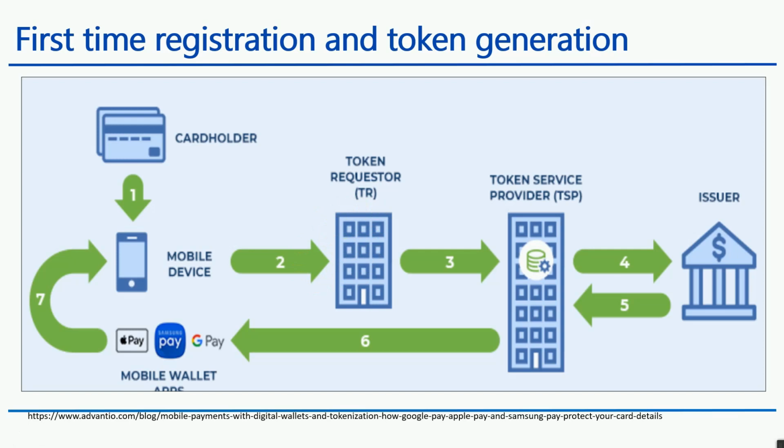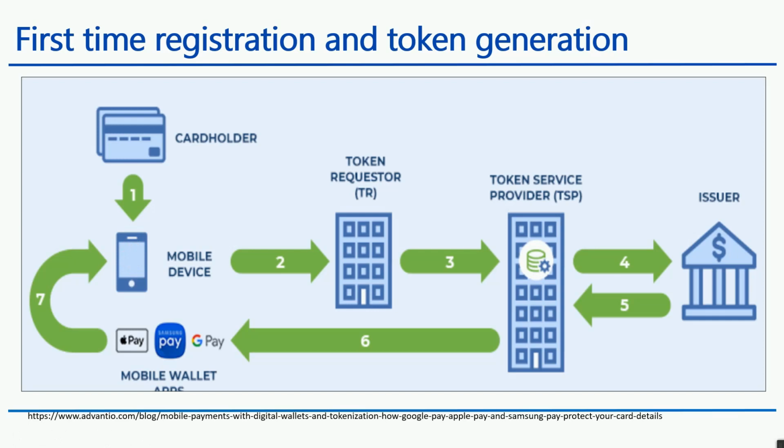So now this token goes to Google Pay, Samsung Pay or Apple Pay within the device. They create a token, and this token, at step 7, gets added to the device's secure element. Whenever the customer now tries to make a payment, instead of the debit or credit card details, this mobile device will only transmit the token which has been generated through this process.